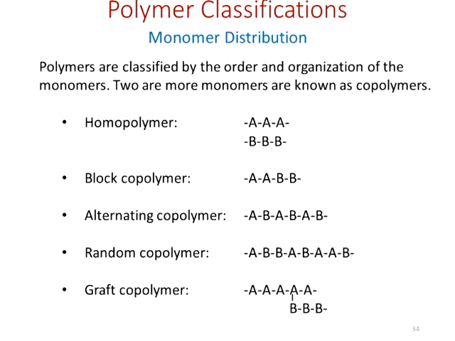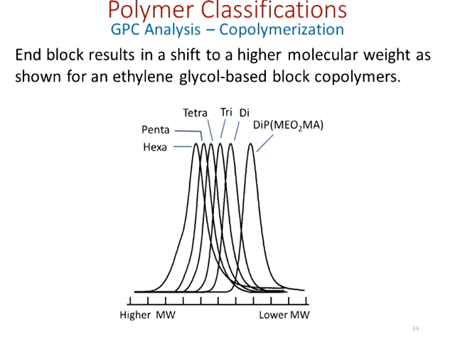Those full polymers, whether homo, block, alternating, or random, may be further classified based upon their GPC analysis, whereby larger molecular weight polymers come out first in the GPC, and smaller molar mass polymers come out later because they enter the pores. Smaller polymers enter the pores, have more surface area there, and lag in their time of elution from the GPC.